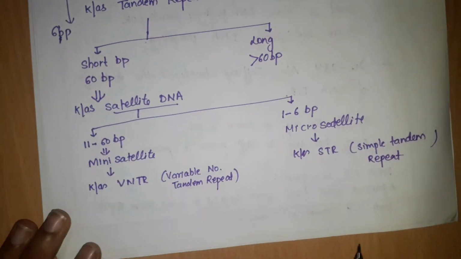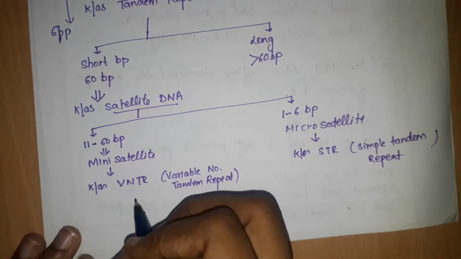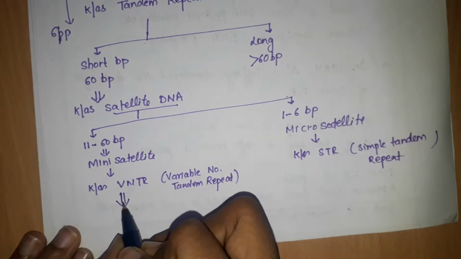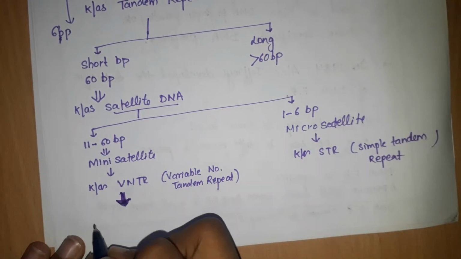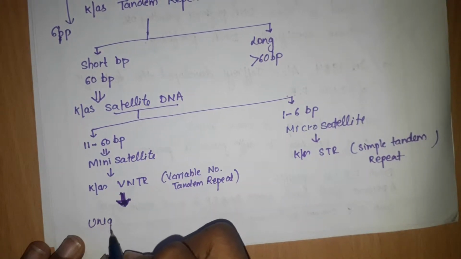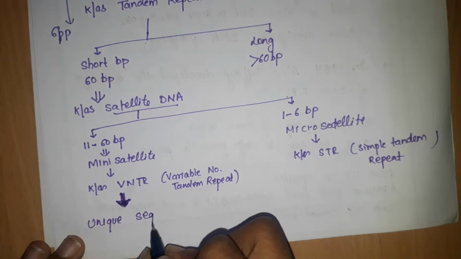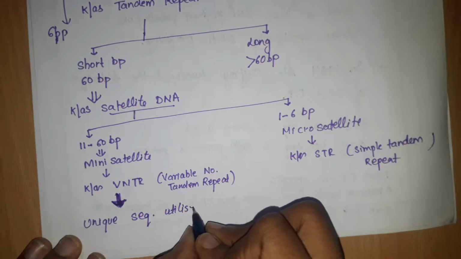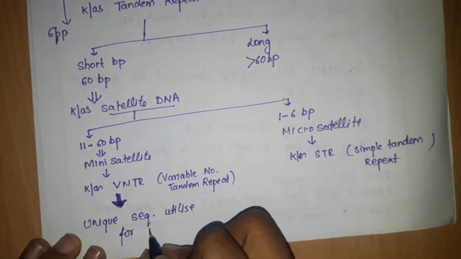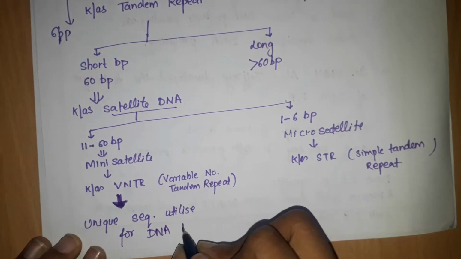For DNA fingerprinting, we are using this VNTR, and this VNTR gives the unique sequence that will be utilized for DNA fingerprinting.